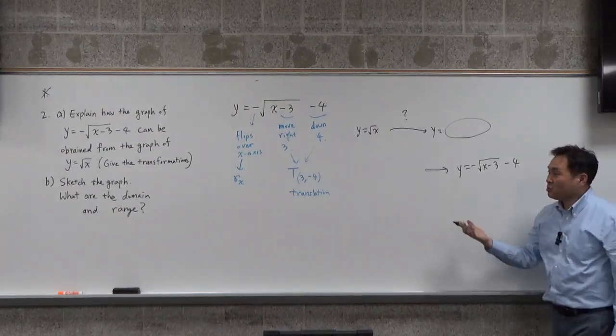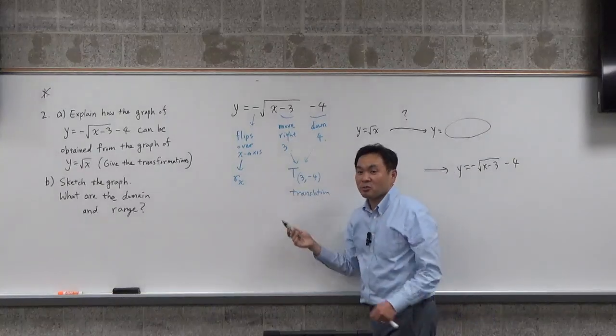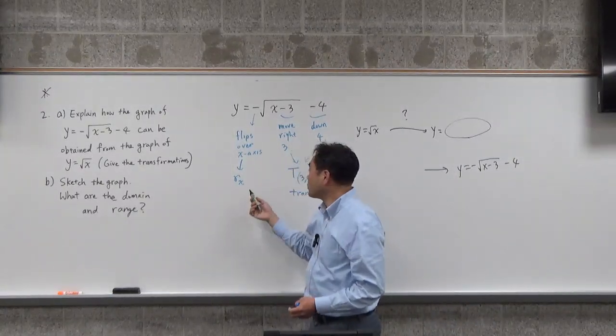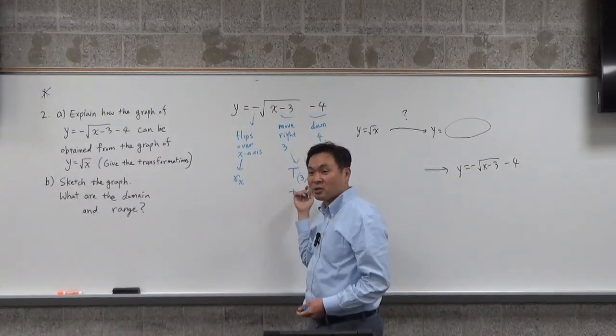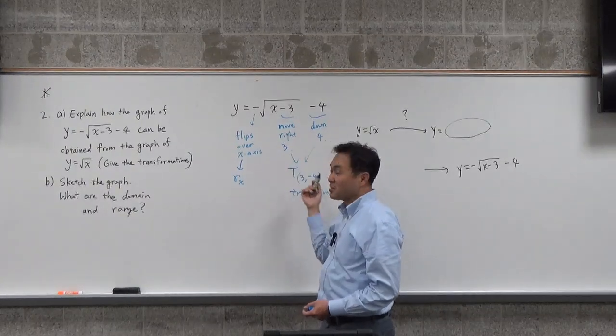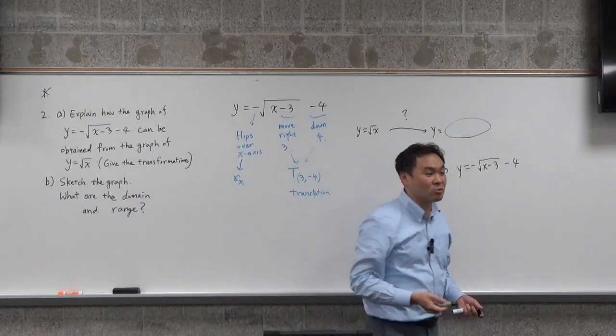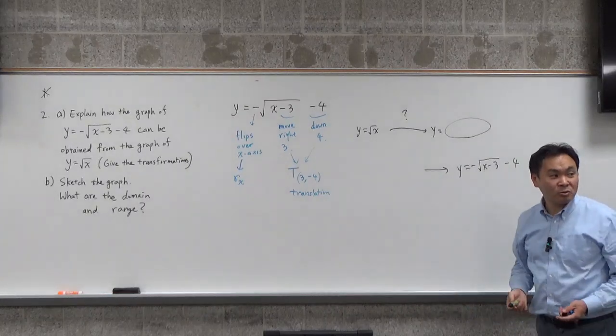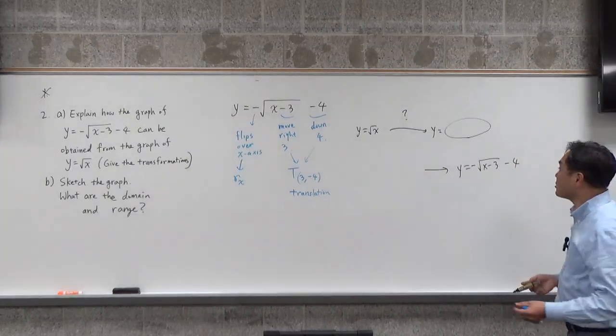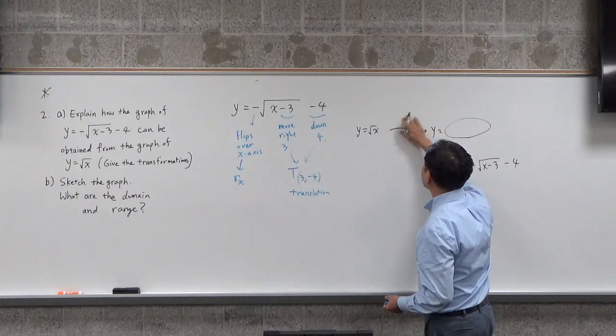Because you only have two transformations, you have to decide, should we reflect and then translate, or should we translate and then reflect? Which do you choose? You want to do reflect and translate? Okay, so let's see if that works.